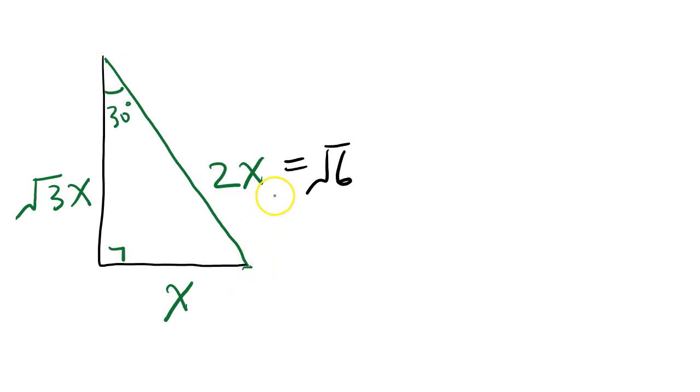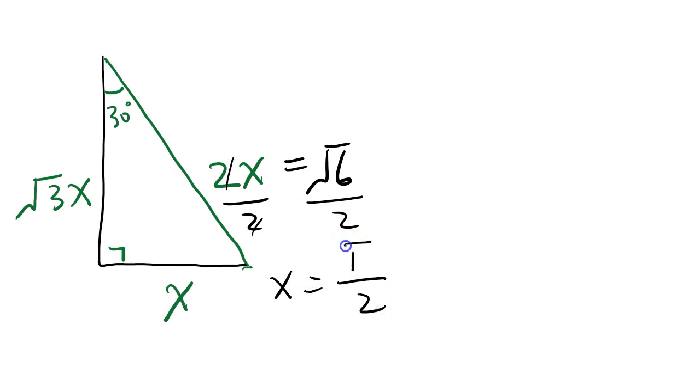So very quickly, we could just divide the hypotenuse by 2, and half of that is just root 6 over 2. So now we know that this side is root 6 over 2, then this side would be just root 3 times that.